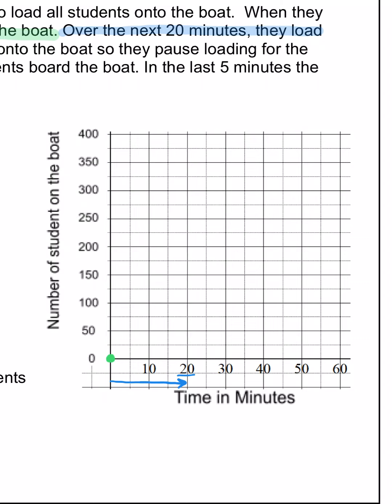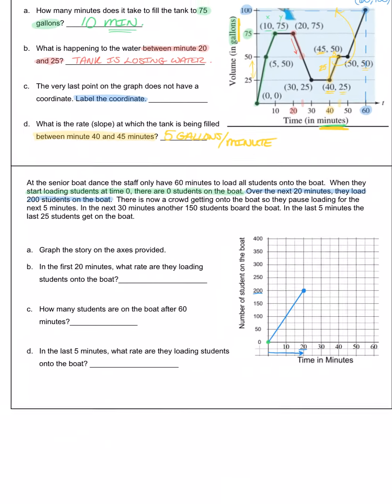So at 20 minutes, we will have 200 students on the boat. This is representing a point on the function. And what we want to do again is make sure, let's use a ruler. And this is going to be our first leg or first piece of our function.